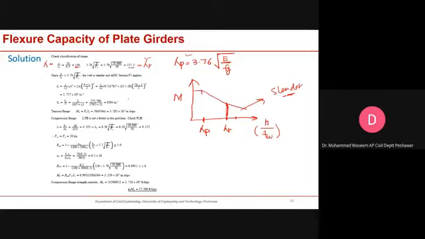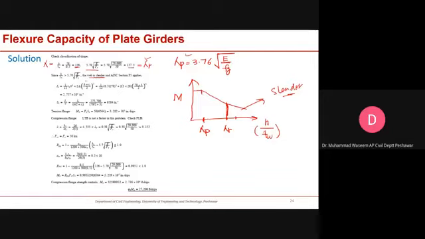The one thing you should note down is that your web is slender now. You can see that lambda r is 137 and our h by t is 156. Since this ratio is greater than lambda r, the web is slender.